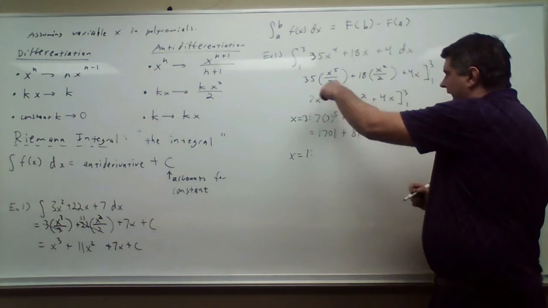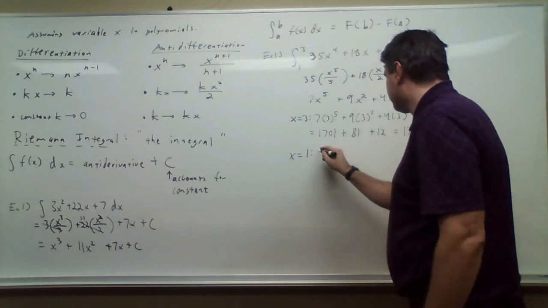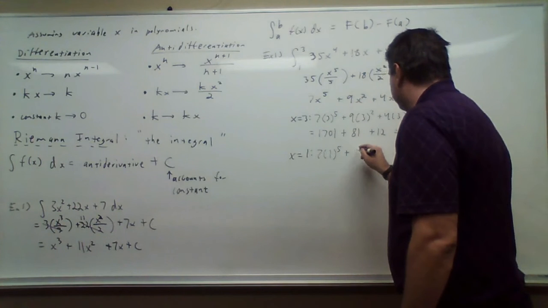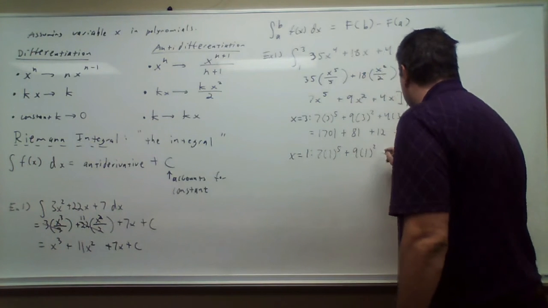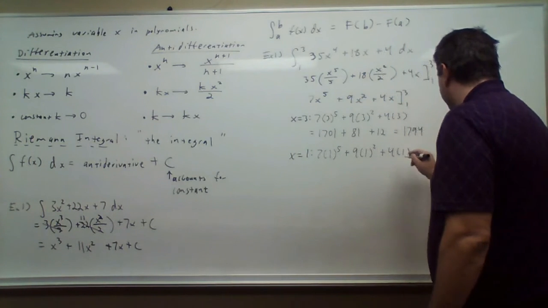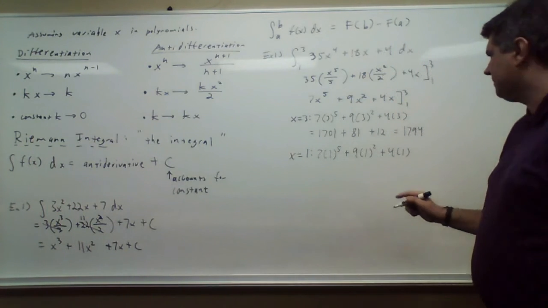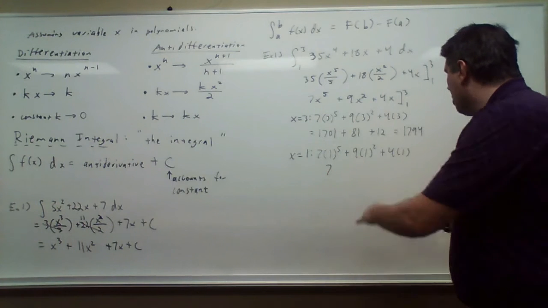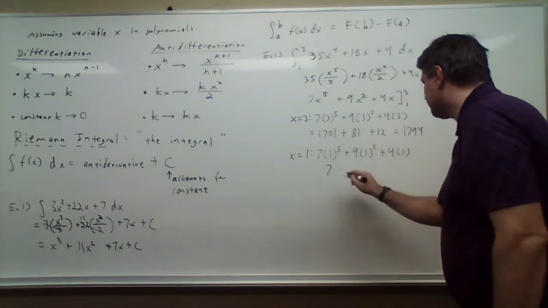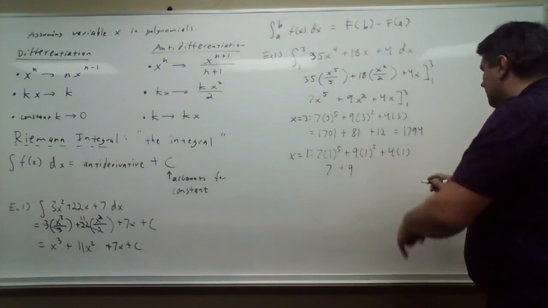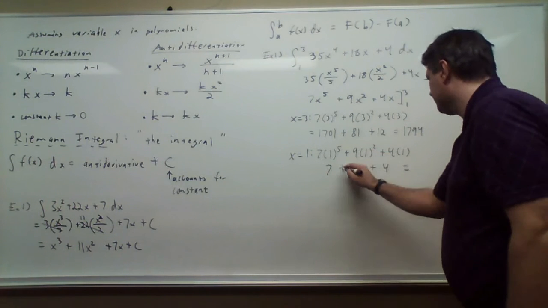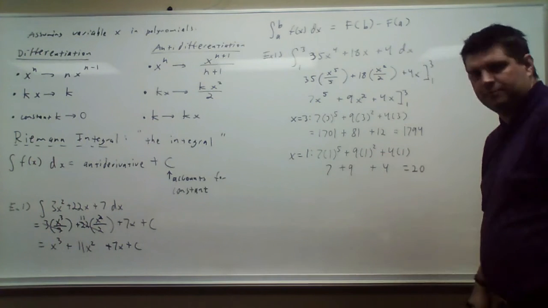Next, having done that, we'll plug in 1. Remember, it goes into the antiderivative. So that's going to be 7 times 1 to the 5th plus 9 times 1 squared plus 4 times 1. Well, 1 to the 5th is 1, so that's 1 times 7 is 7. 1 squared is 1 times 9 is 9. 4 times 1 is 4. And this gives me 20.